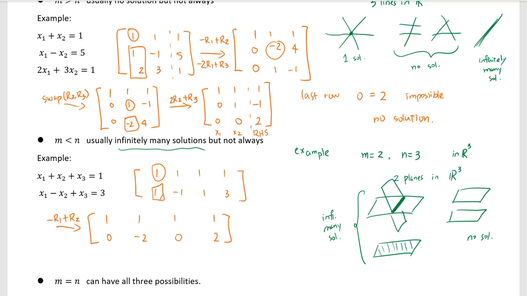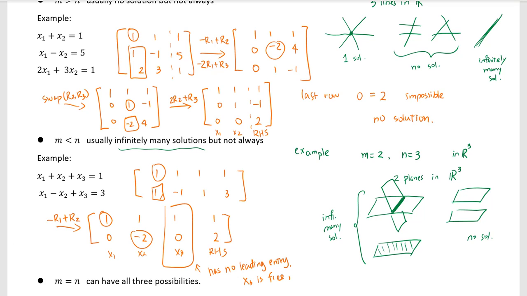Now, do you see what happened? So this is x1, x2, x3, right-hand side. Now, these are the leading coefficients. Can you see the third column has no leading entry? Because it has no leading entry, x3 is free.